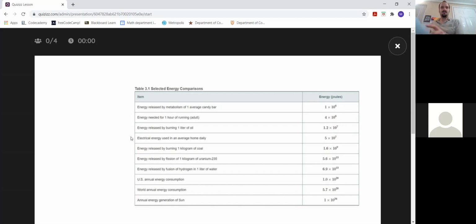Did I do that right? I feel like that one's done. Yeah, that one should go. 1.2 times 10 to the 7th is the 1 liter of oil. 5 times 10 to the 7th is the energy for 1 home daily.